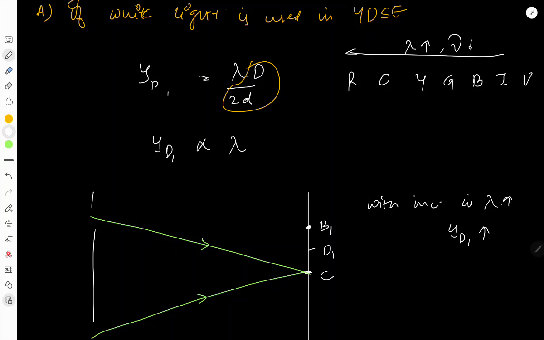Red has the highest wavelength, around 700 to 800 nanometer, 7000 angstrom it would be. I'll not write the units as there's an ambiguity. And violet has the least, around 400, 450 something.